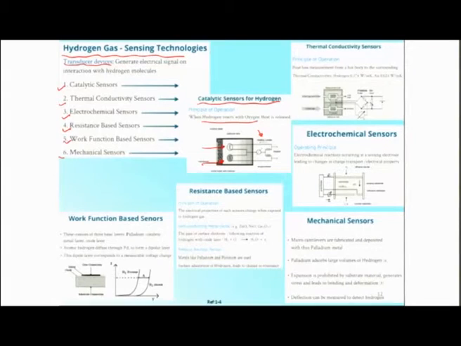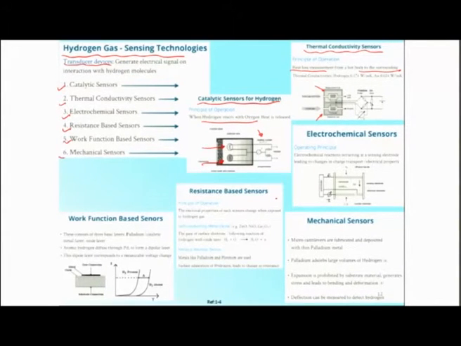The other is thermal conductivity sensors. Again, the transducer element here is measuring the heat loss from a hot body to the surroundings. There are two different bulbs in this particular case.